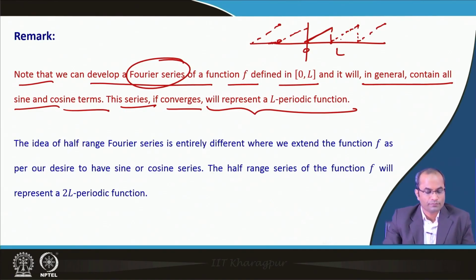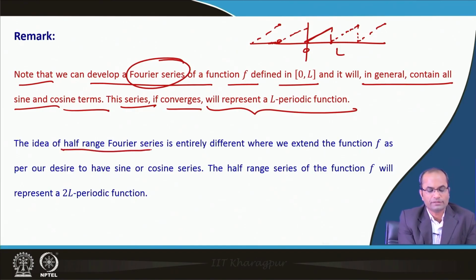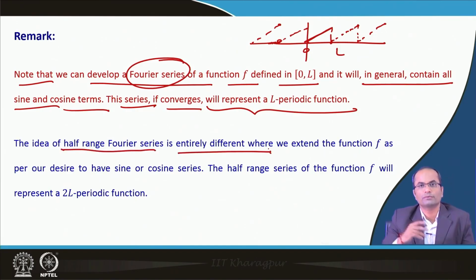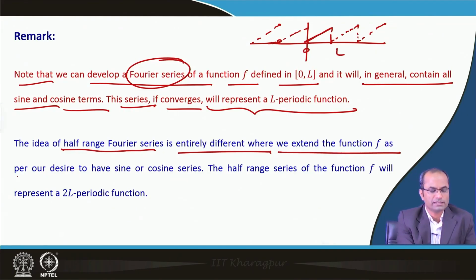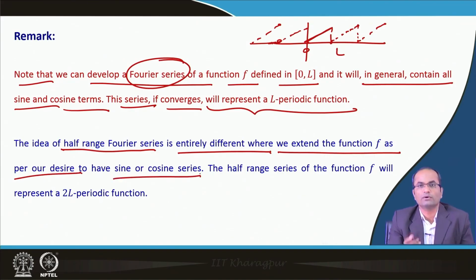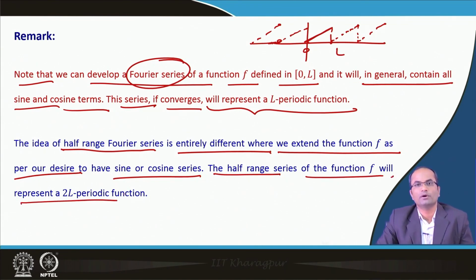But now, the idea of this half range series is entirely different from the Fourier series which we have discussed so far. So, here we extend the function as per our desire to have sine or the cosine series, and the half range series of the function f will represent a 2L periodic function.